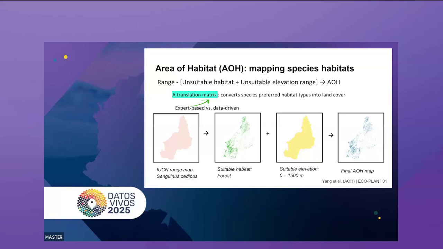The matrix can be created using either an expert-based approach or a data-driven approach. The four maps below are an example of how the AOH map for the cotton-hatted tamarin can be created by overlaying a suitable habitat mask and a suitable elevation mask on top of the species range map.